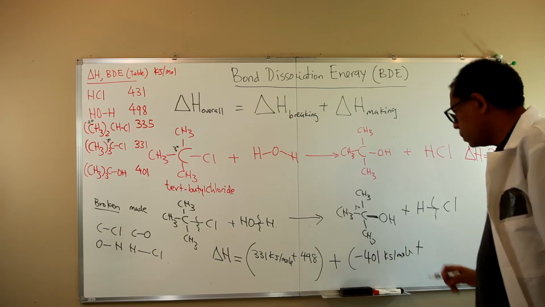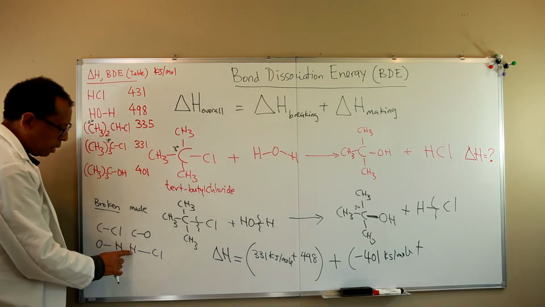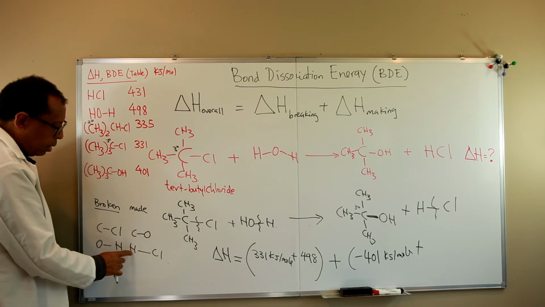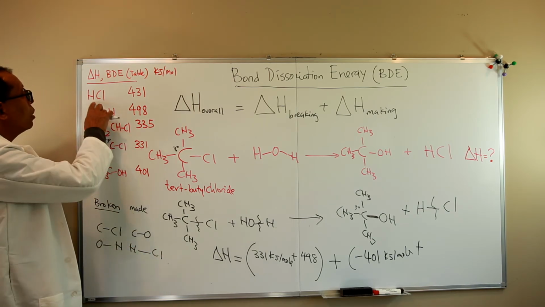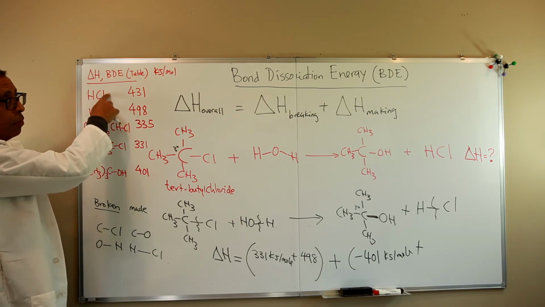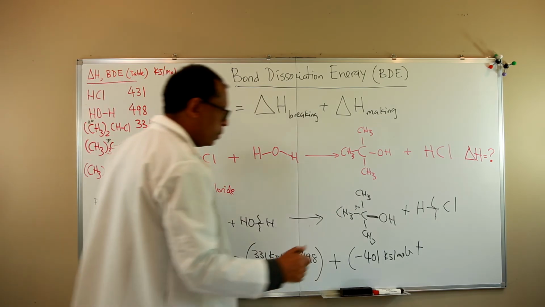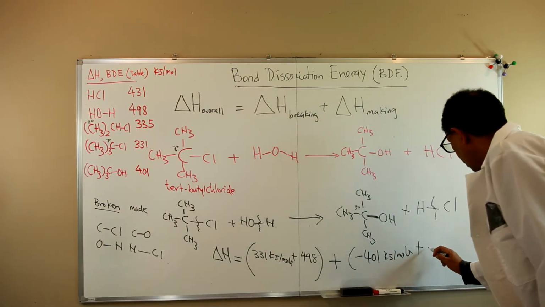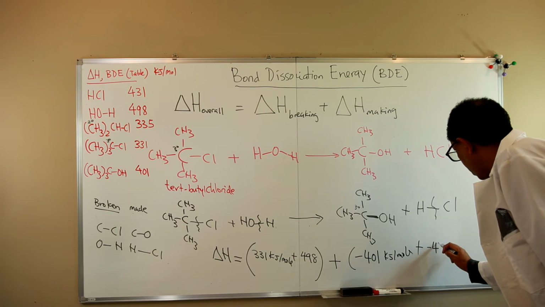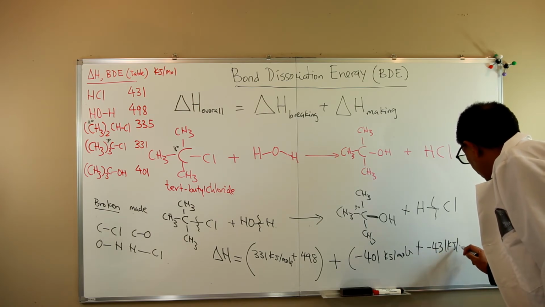Plus, a newly made bond is hydrogen chloride, HCl. HCl is 431 for dissociation. For being made, it is negative 431, so minus 431 kilojoules per mole.